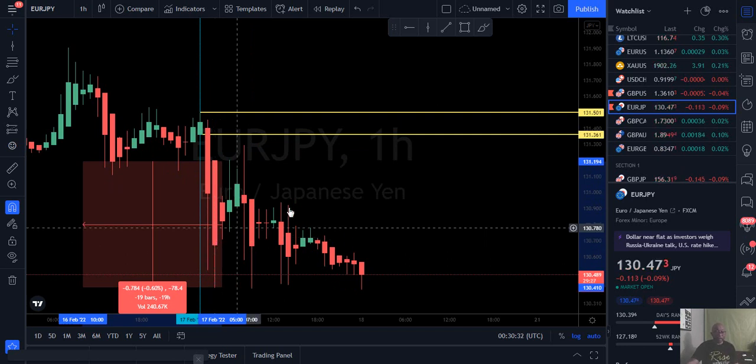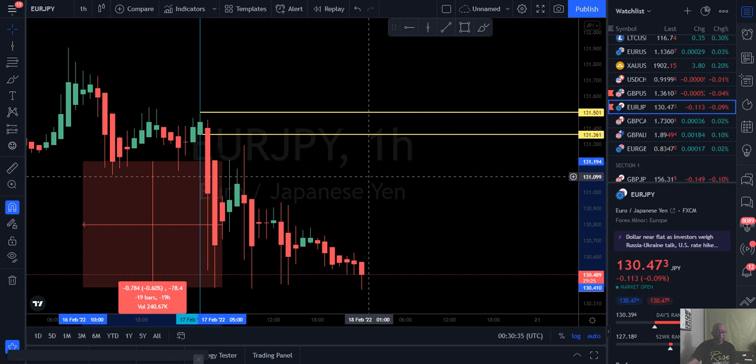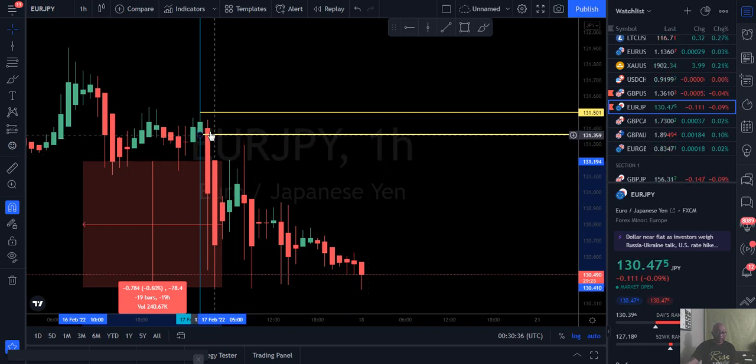Now, the only other thing, and I haven't come across one yet, let's say this candle closed inside the box, but the next one started outside the box.